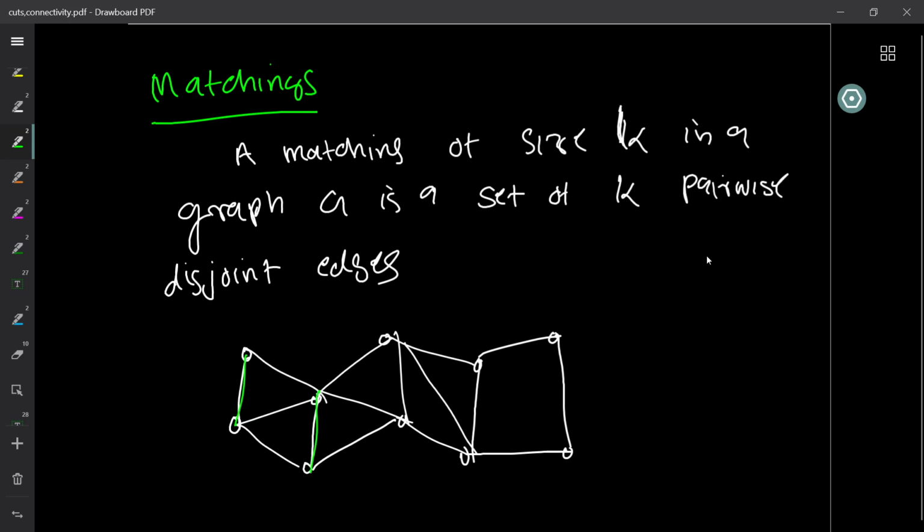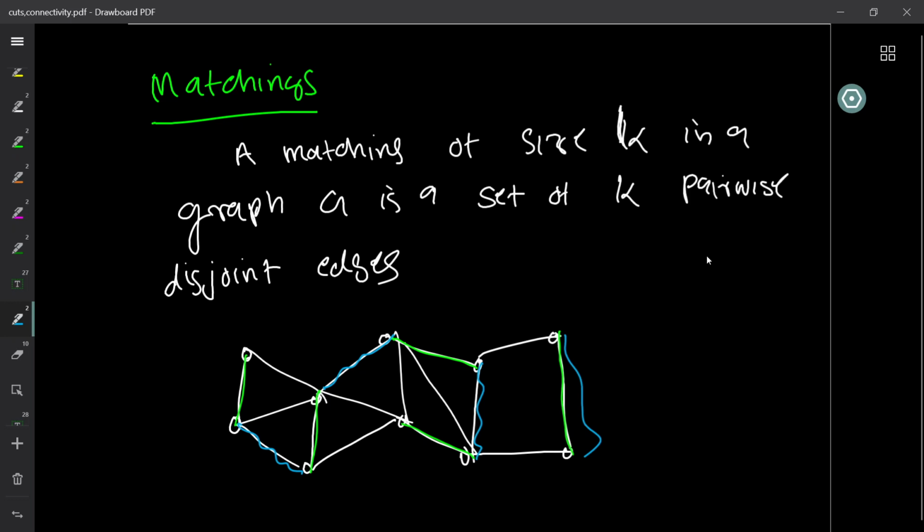Maybe I can select this, then maybe this one, and this one. So this is a subset where no two edges have a vertex in common, and this is called a matching. And another matching we can define: choose this one, maybe this one, and even this one. So this is another matching.